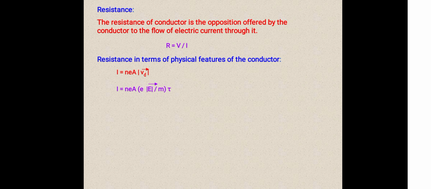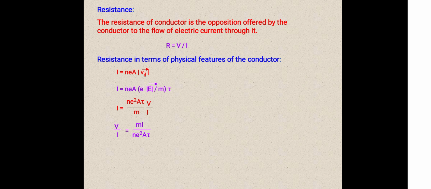Now we also know that I equals n e A Vd. If we put the value of Vd, then the relation will be I equals n e A into e E by m into tau. Tau is the relaxation time. Or you can say I equals n e square A tau by m into V by l.